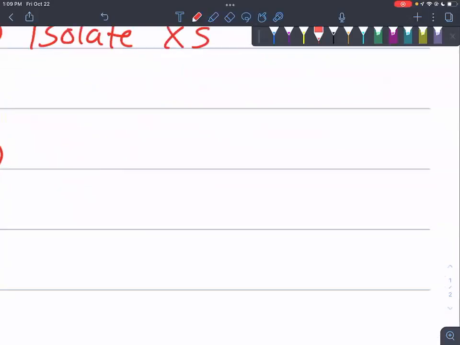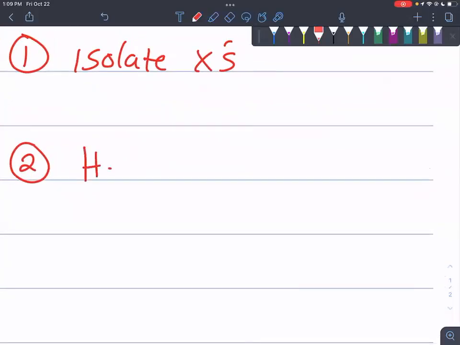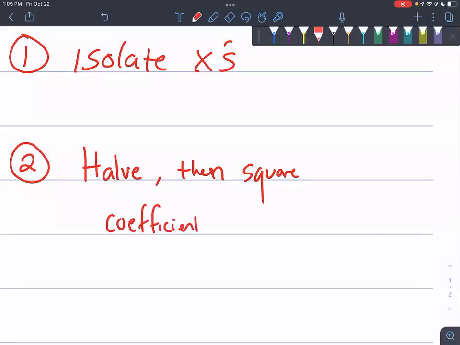Next, we're going to halve, then square the coefficient of x.